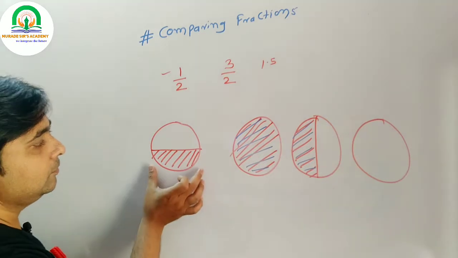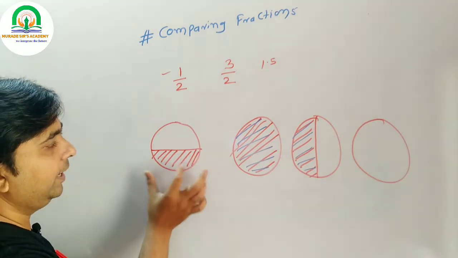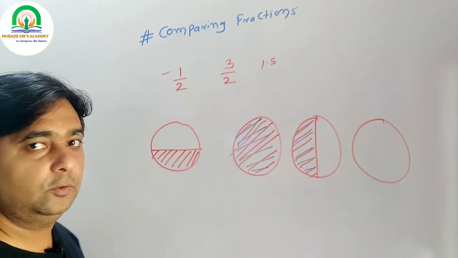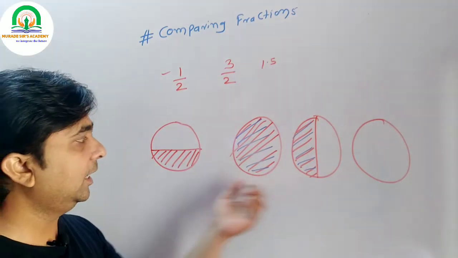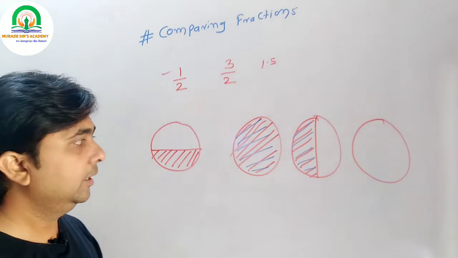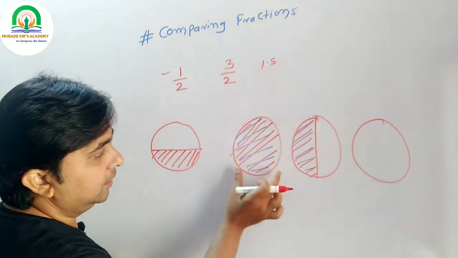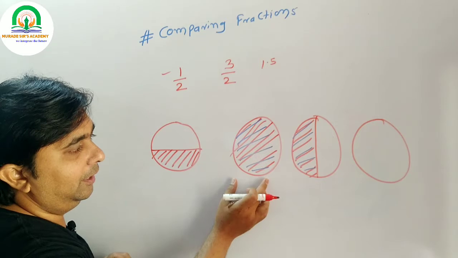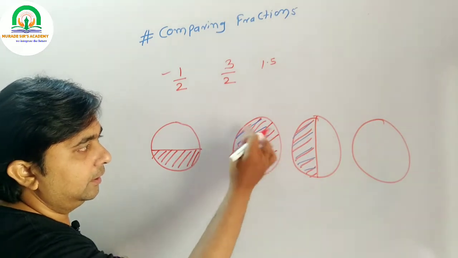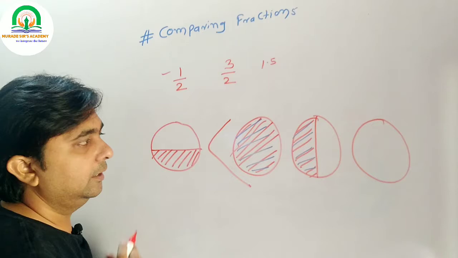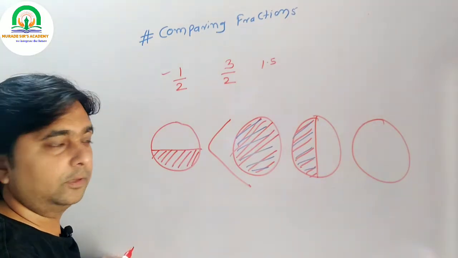Which is greater, this side or this side? It means this whole colored portion is greater, and this half is smaller.